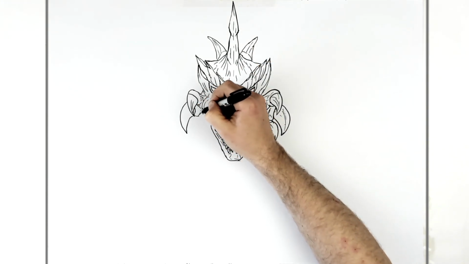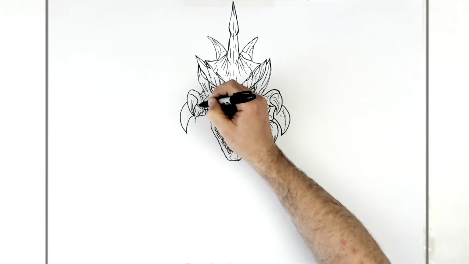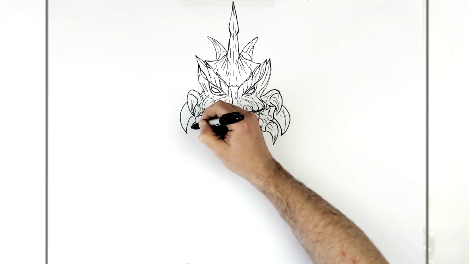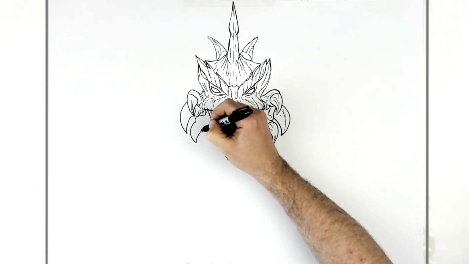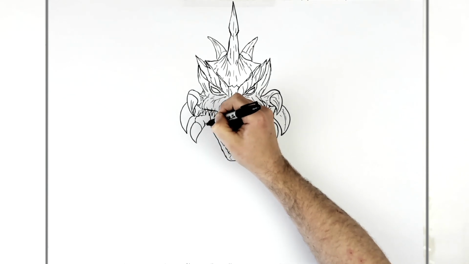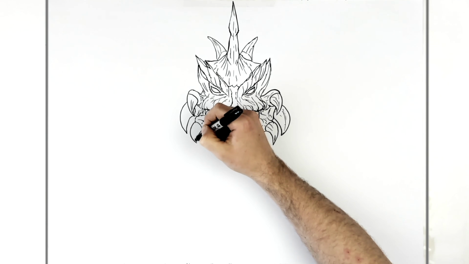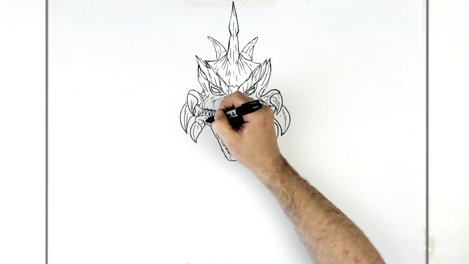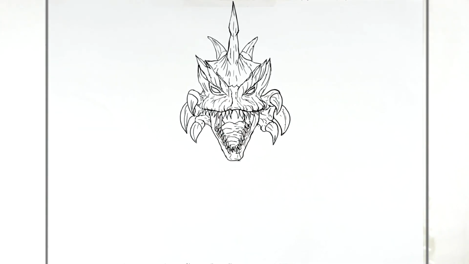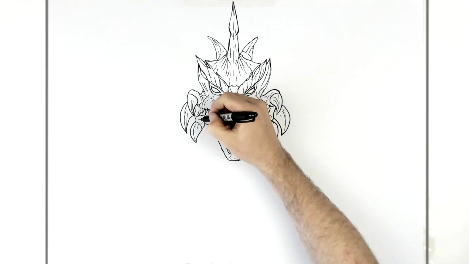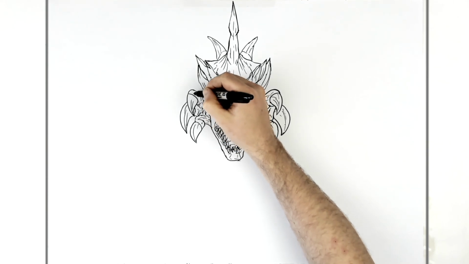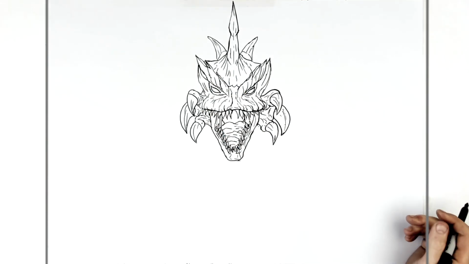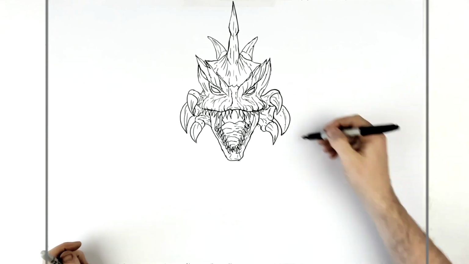Bit of skin, and then the next one. Texture is the way to go with creatures like these. Lots of textures, lots of lines, little short lines around like that. Okay, big ears.